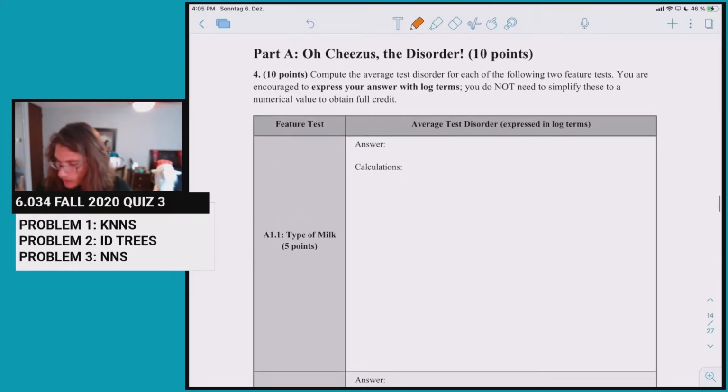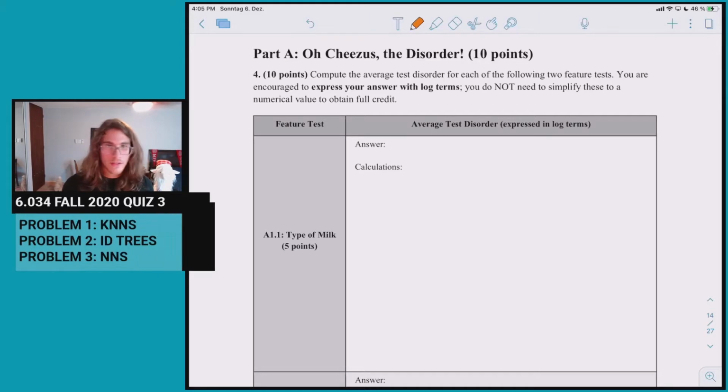Okay, so now we have a very cheesy pun and a question asking us to calculate the average test disorder. So allow me to get set up here with the table. It'll be convenient to have it on hand.